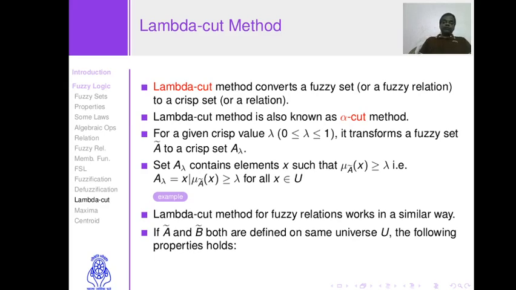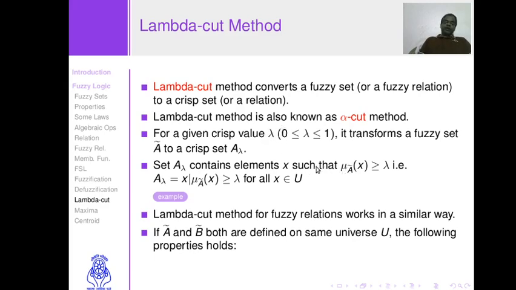So fuzzy set A is converted to a crisp set A lambda. Here this lambda is a kind of threshold which lies between 0 and 1. In order to convert a fuzzy set to a crisp set, we compare the degrees of membership of the elements in fuzzy set A with lambda, and we take all those elements whose degree of membership is greater than or equal to lambda.